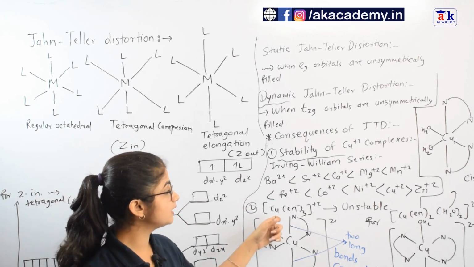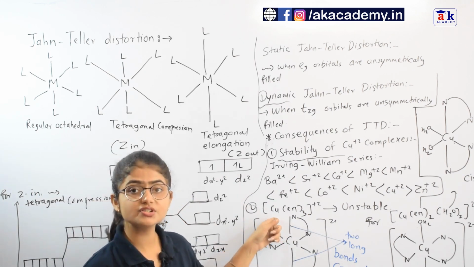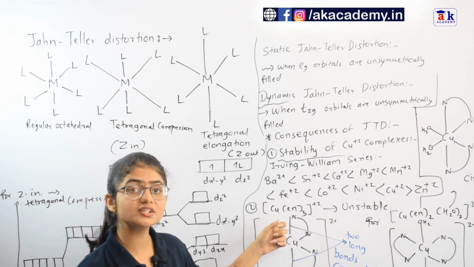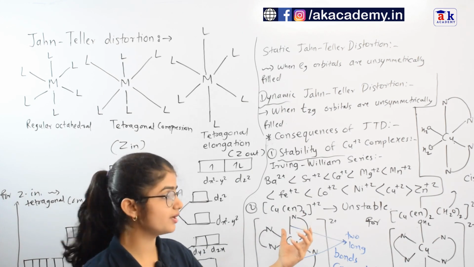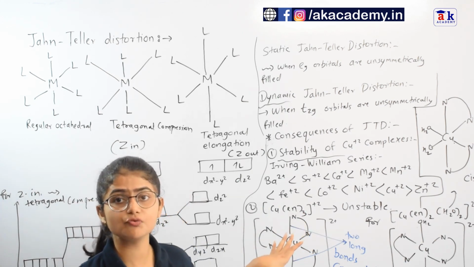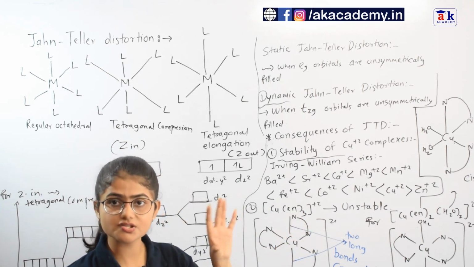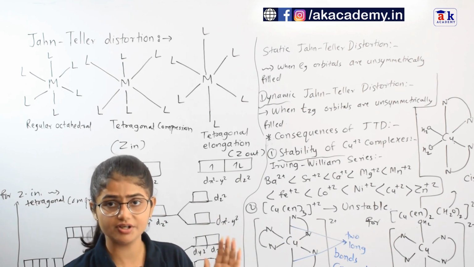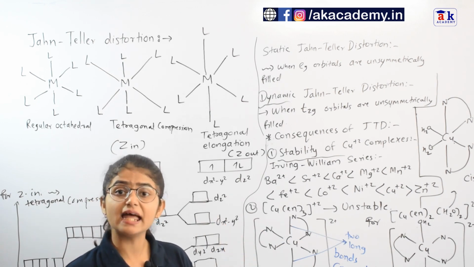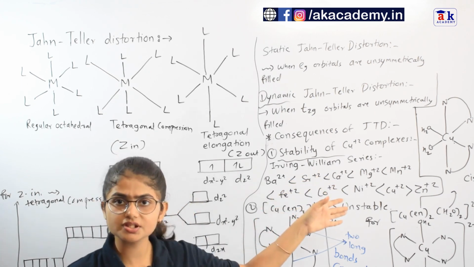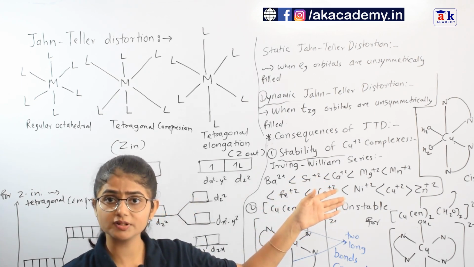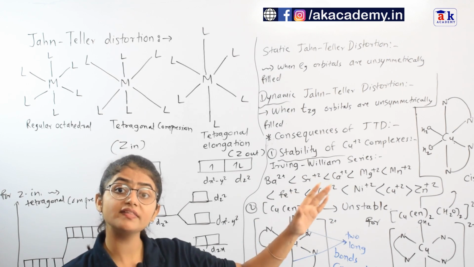Then suppose we discuss Cu²⁺ complexes with bidentate ligands, that is, when copper in the +2 state forms a chelated complex, that time the complex will be unstable. Just now I said that Cu²⁺ complexes are stable, but only when they are non-chelated.